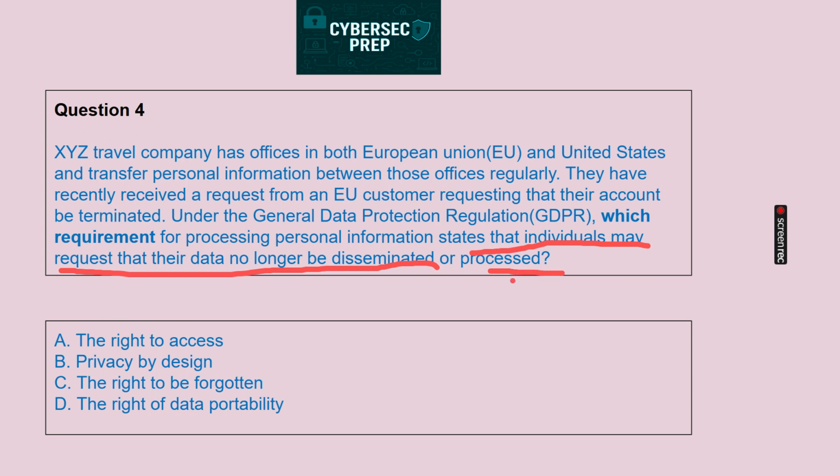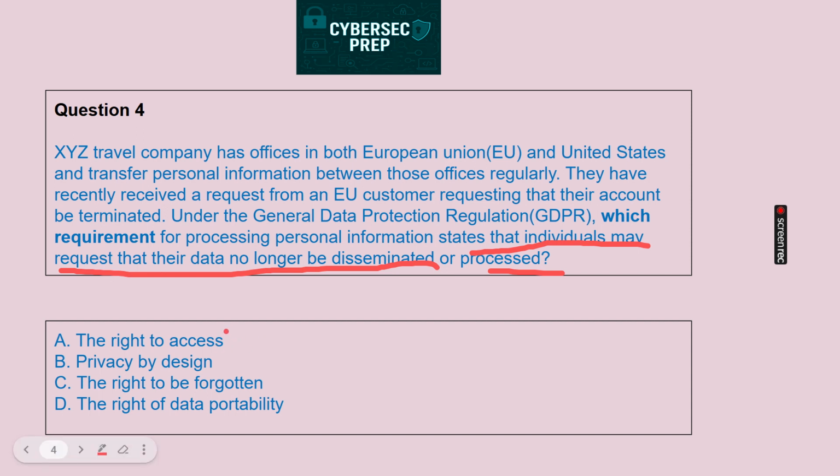Now look at the options. Option number A, the right to access. The right to access option basically means an individual has the right to ask the organization what data the organization has in possession of the individual and for what purpose they are using it. It gives them the right to obtain a copy of their personal data, but this option does not give them the right to stop the dissemination or processing of their data.